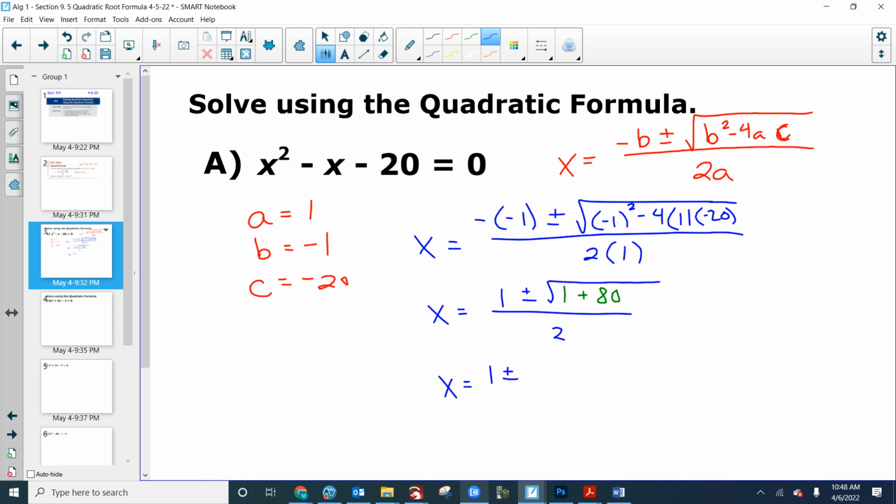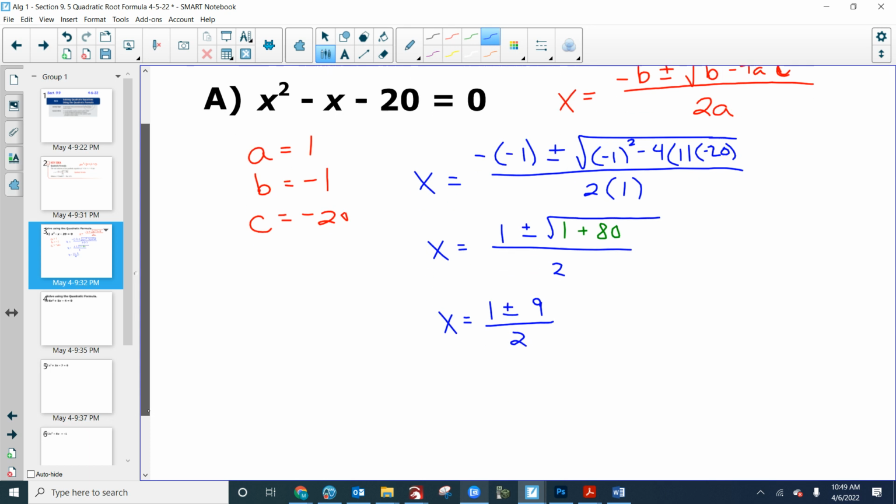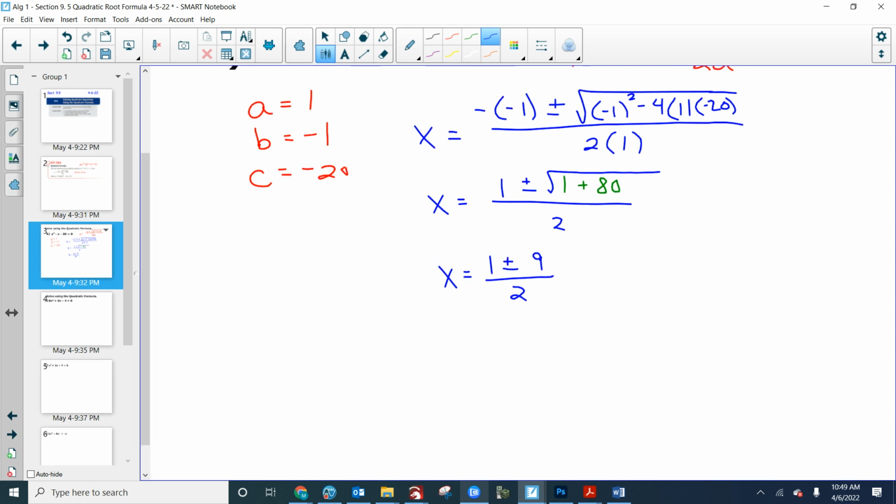What's the square root of 81? Do you see how the plus or minus is already out front? 9. 9 times 9 is 81. Over 2. Now, we're going to get how many answers here? 2. Let's do x equals 1 plus 9 over 2, and x equals 1 minus 9 over 2.